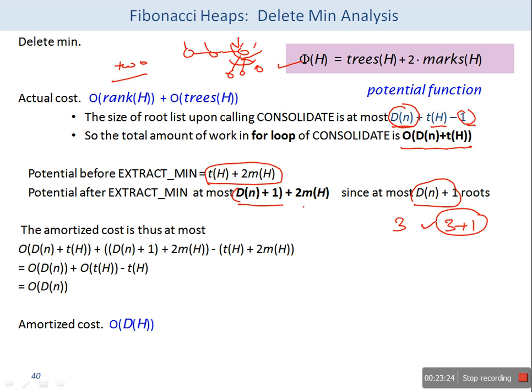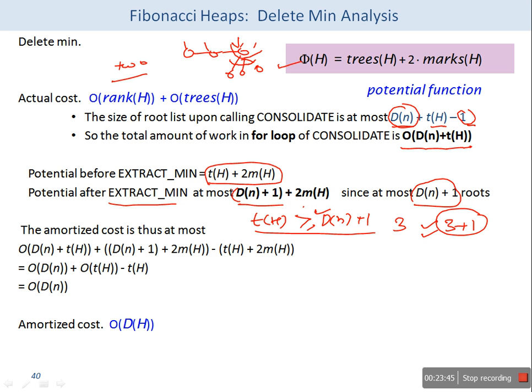So we can have only 4 nodes in my root list after the extract min operation. So after the operation is done, you cannot have t of H greater than D of n plus 1. You cannot have more trees than this. Okay, this is a mathematically proven theorem.